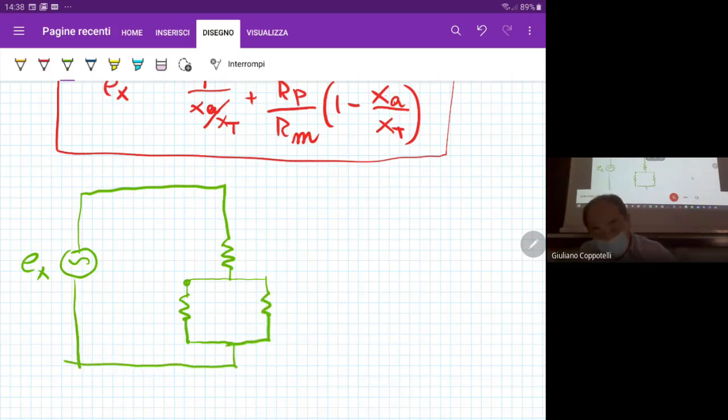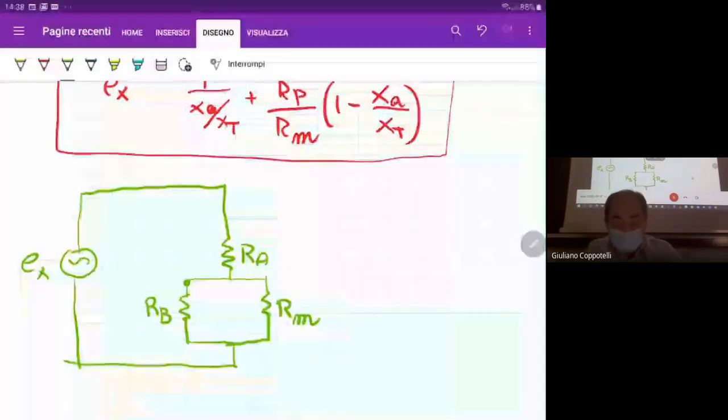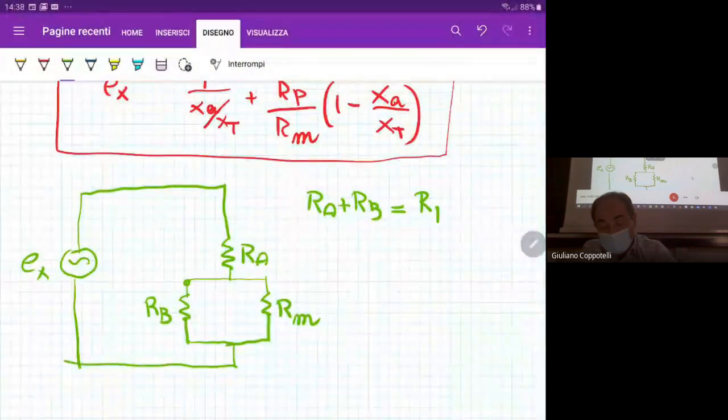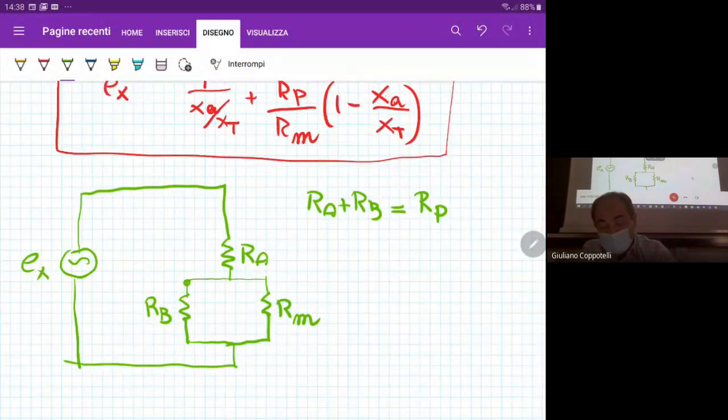I can call this RA, RB, RM. So RM is the measuring resistance. RA plus RB is the potentiometer resistance.